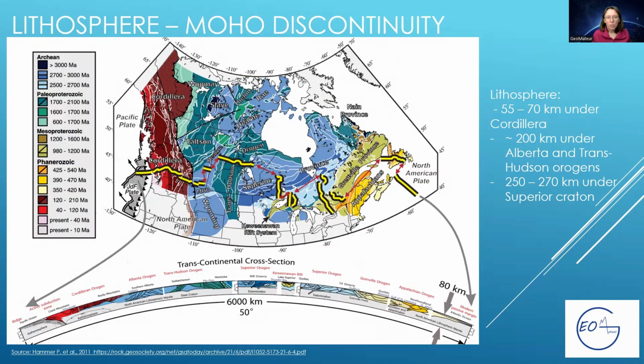One of the most impressive analyses of Moho depth was done by researchers who studied Moho depth under the North American continent. What is noticed is that lithosphere under Cordillera is up to 70 kilometers, and up to 200 kilometers under Alberta and Trans-Hudson orogens, and almost 270 kilometers under Superior Craton.